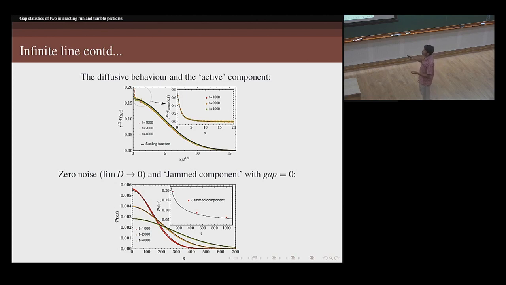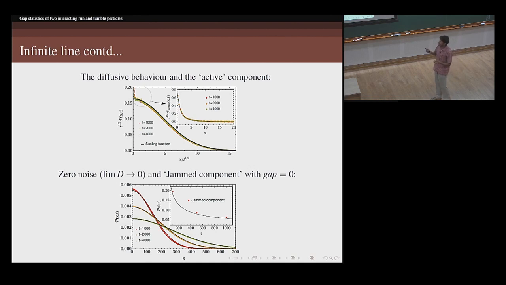So when the two particles are very far and you are looking at the long time limit, you can imagine that the particles have done so many tumble events that they are effectively passive particles. So this is why this Gaussian tail is coming. However, when the particles are close, as you have seen, the trajectories are so different, and this signature is carried by the short gap distribution.